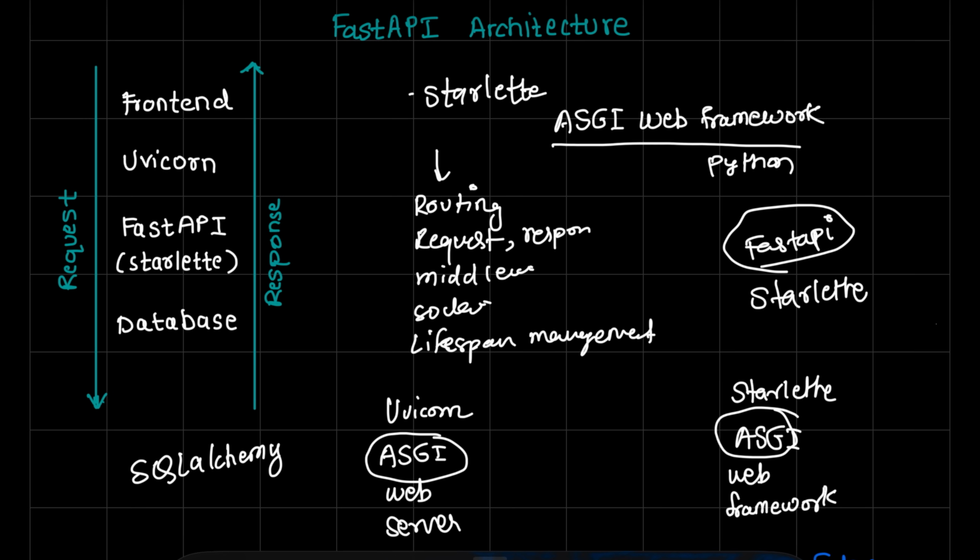Basically you are writing your tables in the form of classes, and SQLAlchemy helps to convert those classes into the tables in your database. So that is exactly the ORM, object relational mapper. For that, SQLAlchemy is used. And also for migration, if I'm not wrong, there is Alembic. This is used as a package to migrate your tables to the actual databases. Okay, so this was all about the FastAPI architecture.